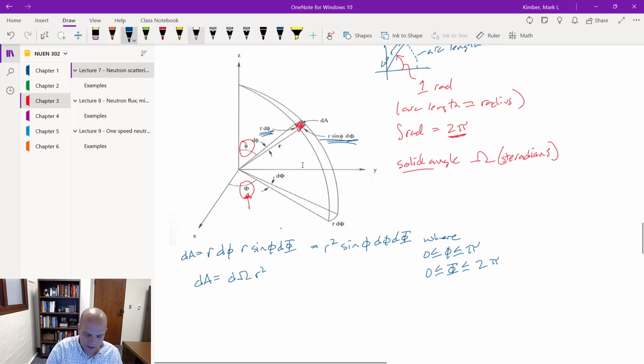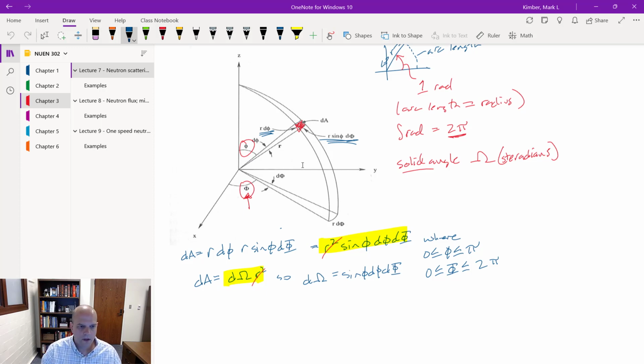So if we equate this expression with this expression, we can see that my r squareds are going to cancel out, and I've got d omega equals sine of phi d phi times d capital Phi. So now we can integrate that over some domain. We will consider the entire domain listed here, and let's see what we get.